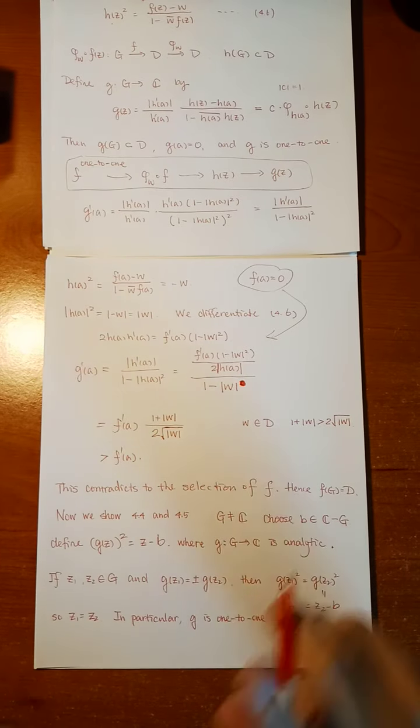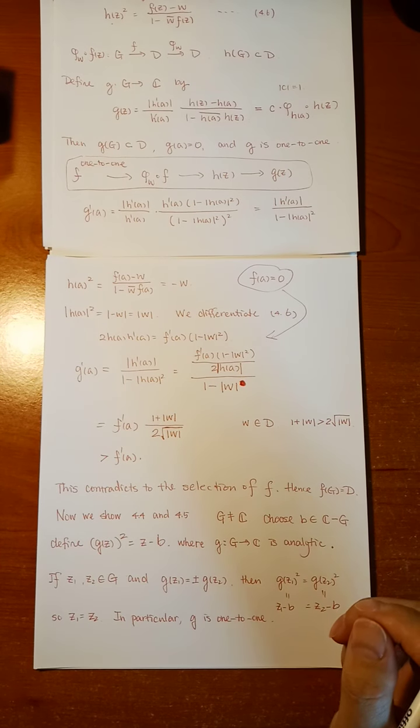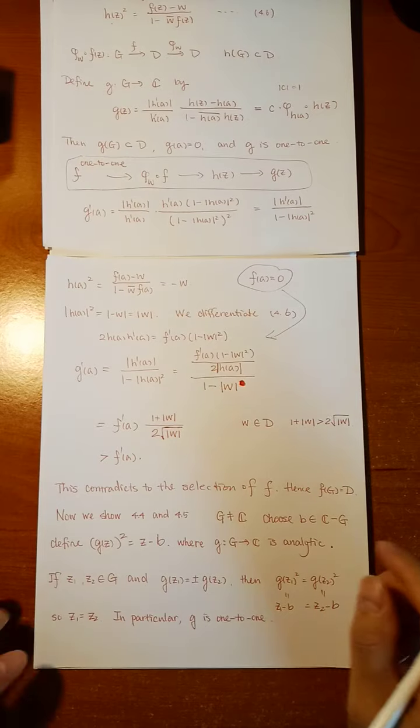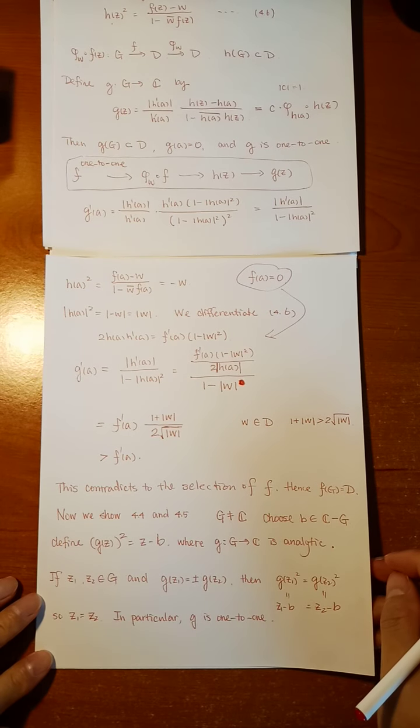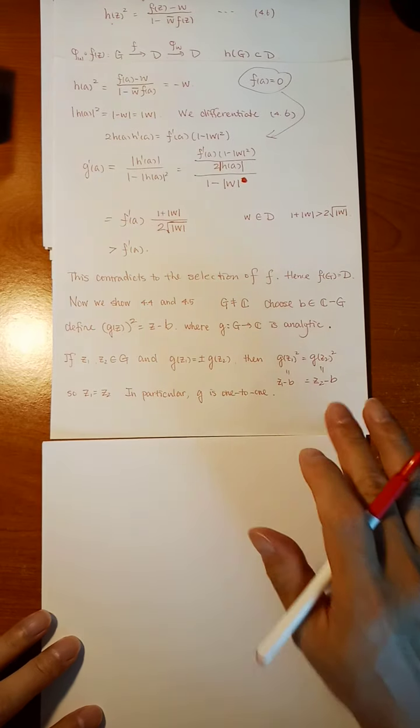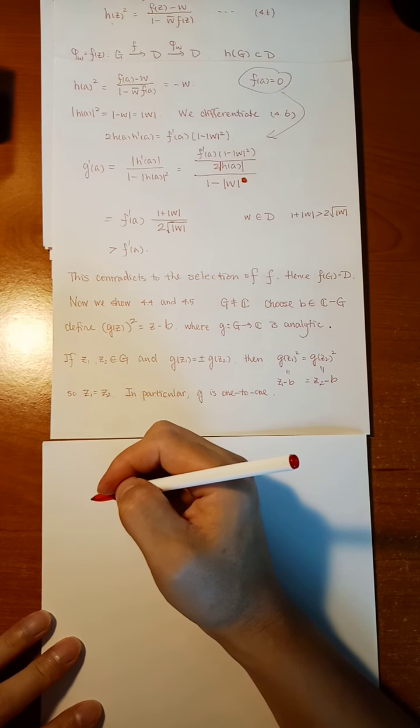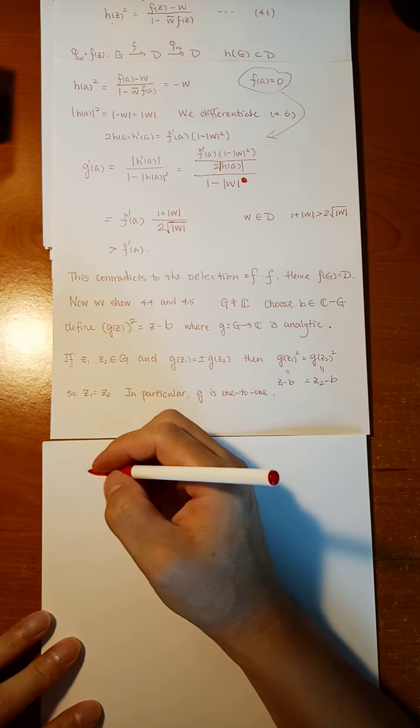So we have an analytic one-to-one function. An analytic function is always an open map.